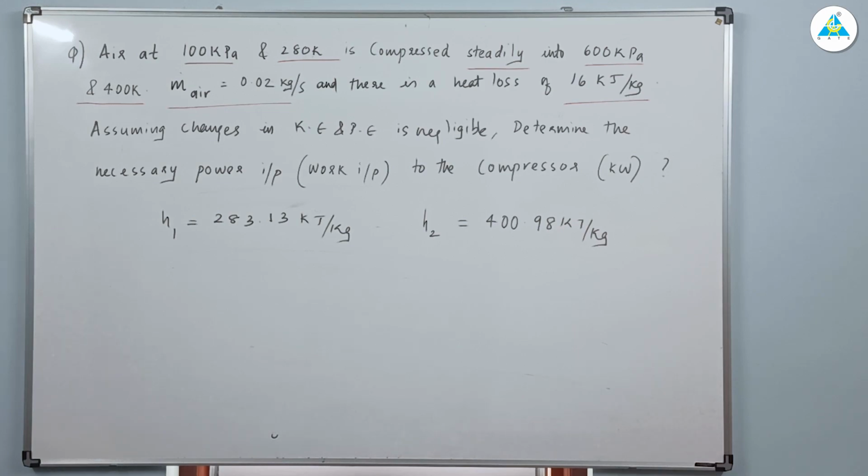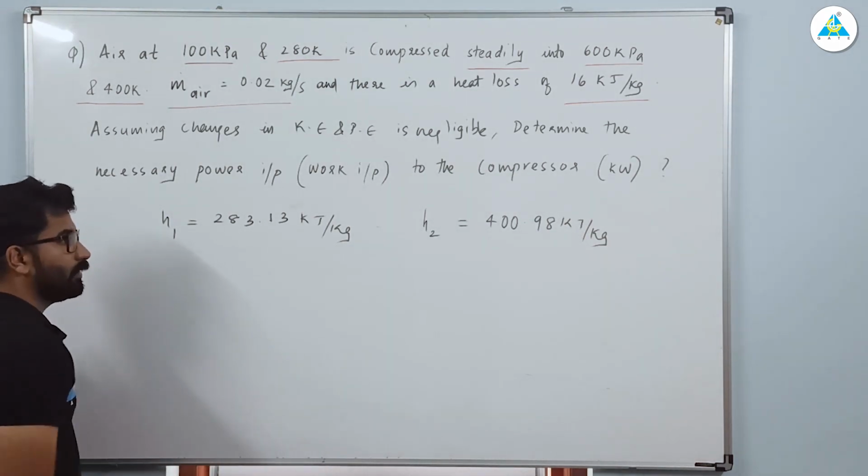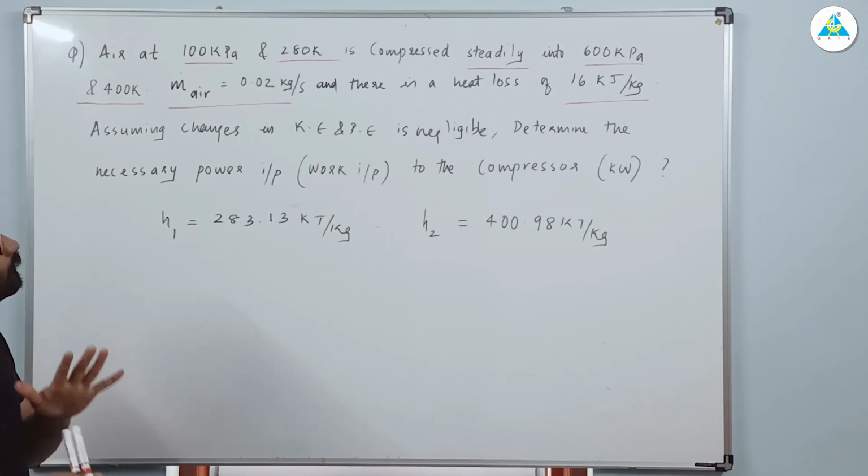Inlet enthalpy is given to 83.13 kilojoule per kg, and outlet enthalpy is also given. Now how are we going to solve this question? That's the problem, right? So now let us see how we are going to solve this. What will be our first step?